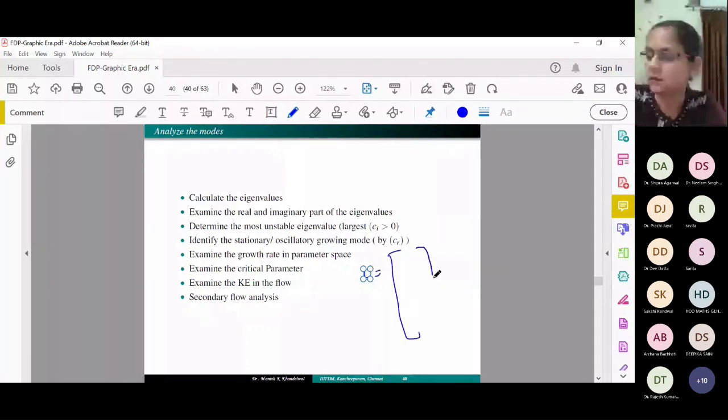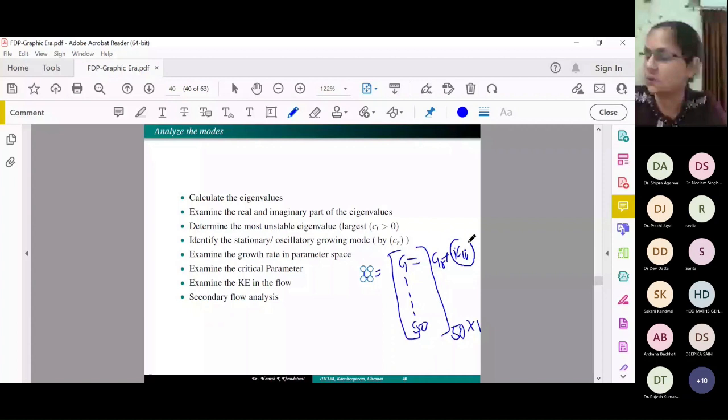Suppose this is a 50 by 50 matrix; then you get 50 eigenvalues, a column of 50 by 1, C1 to C50. These eigenvalues are complex, C1 equal to C1R plus iota C1I. But my interest is only in Ci.